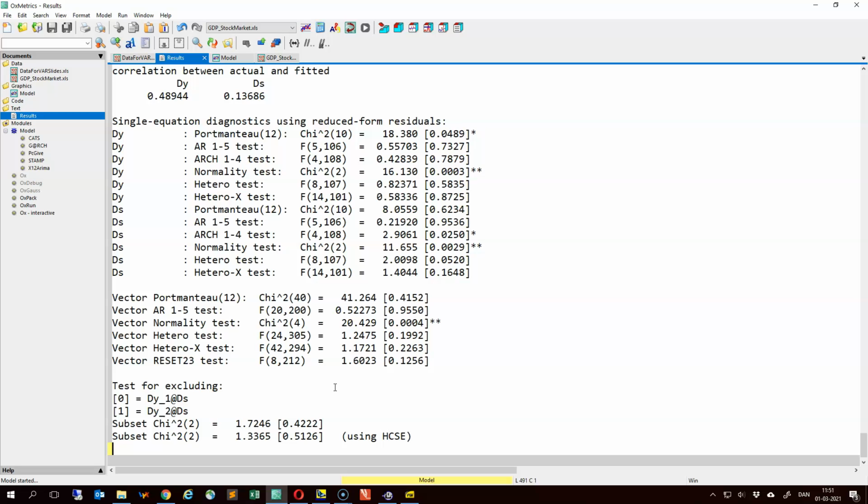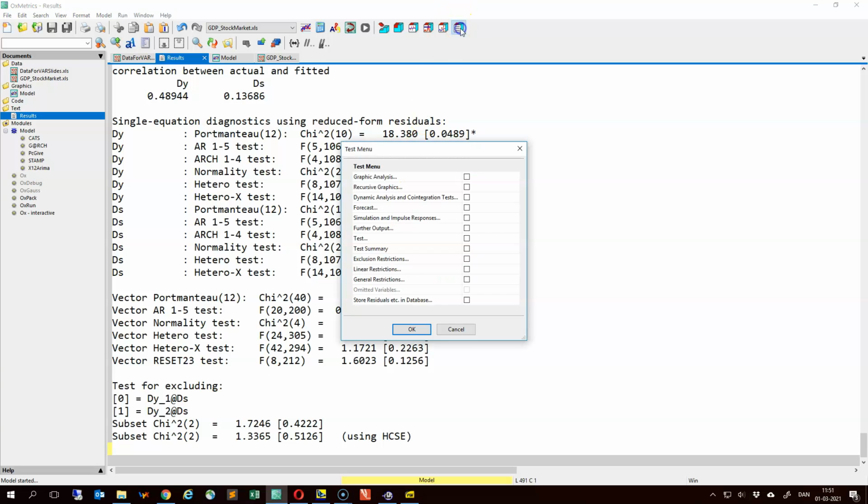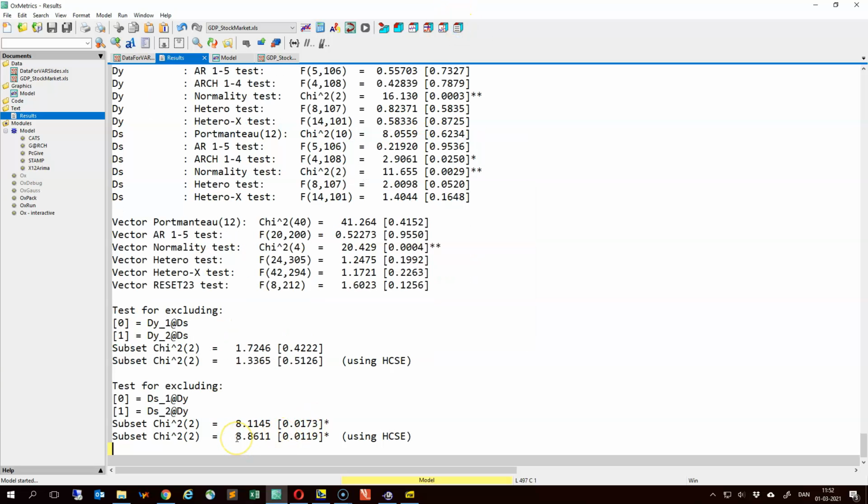We can also test the other way around, namely test if the returns do not Granger cause the growth rate in GDP. And here we get a much higher robust Wald statistic and a p-value of around 1%.